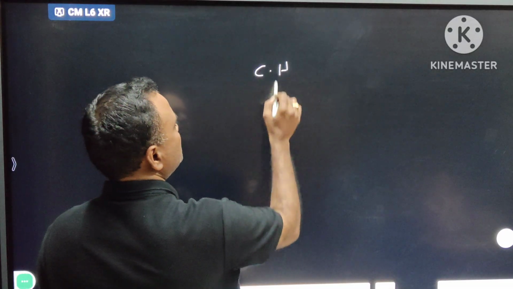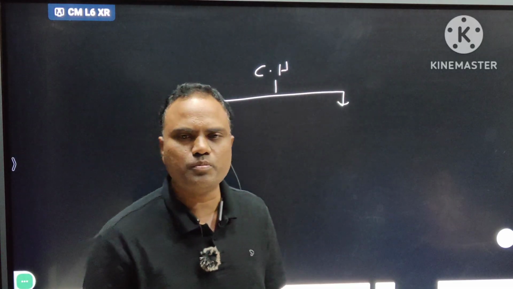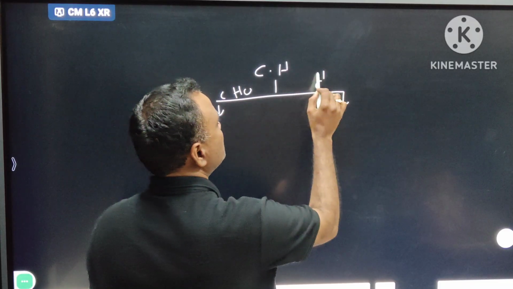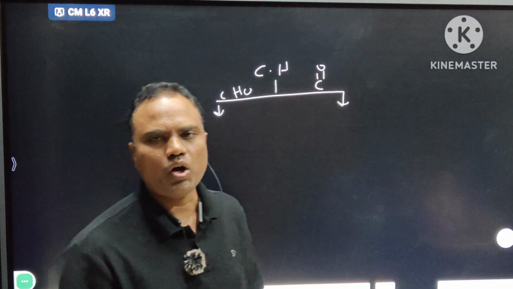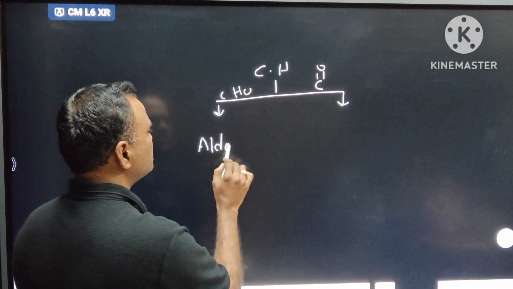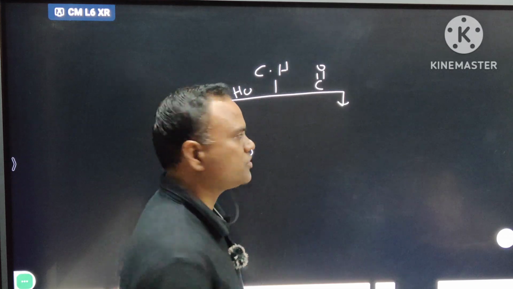Next classification: carbohydrates classified based on the functional group present in them. If an aldehyde group is present, they are called aldoses. Carbohydrates with the aldehyde functional group are called aldoses.